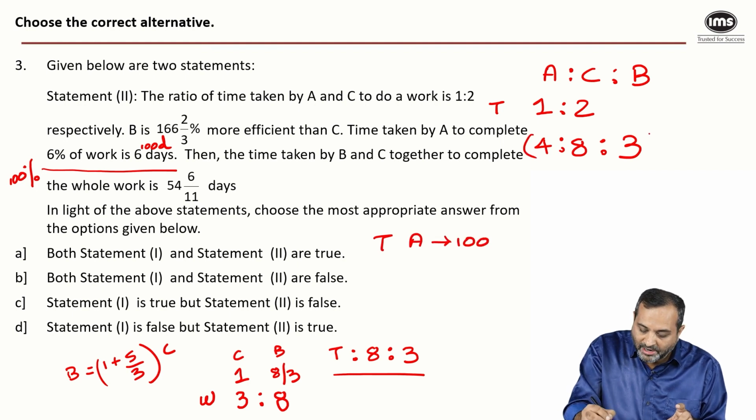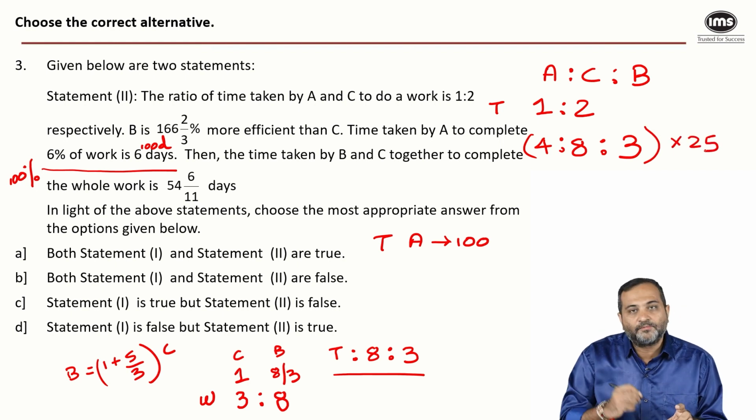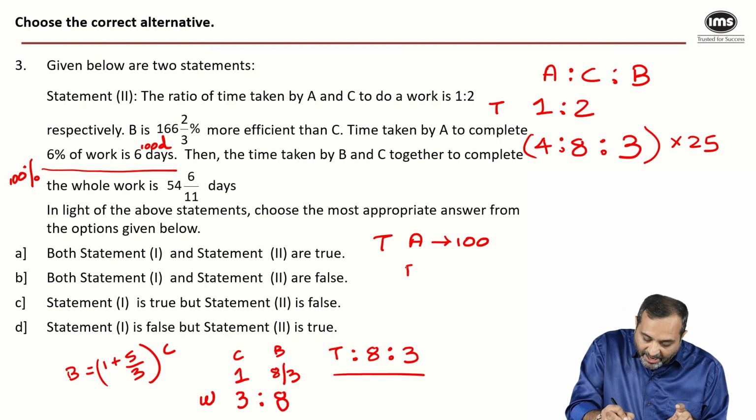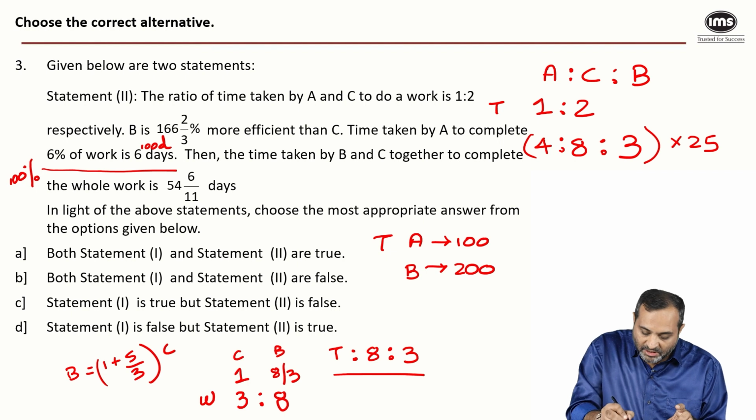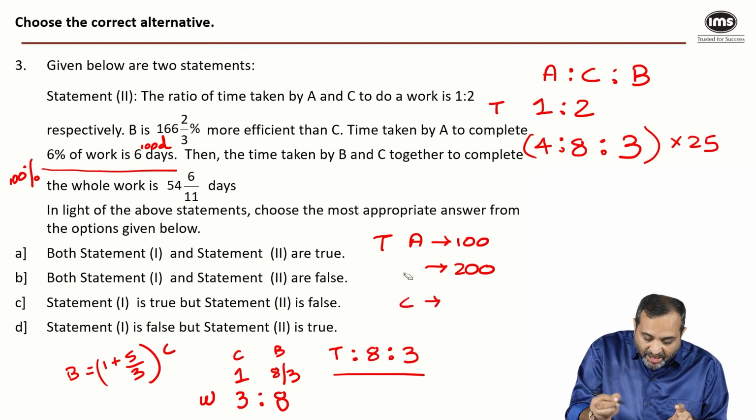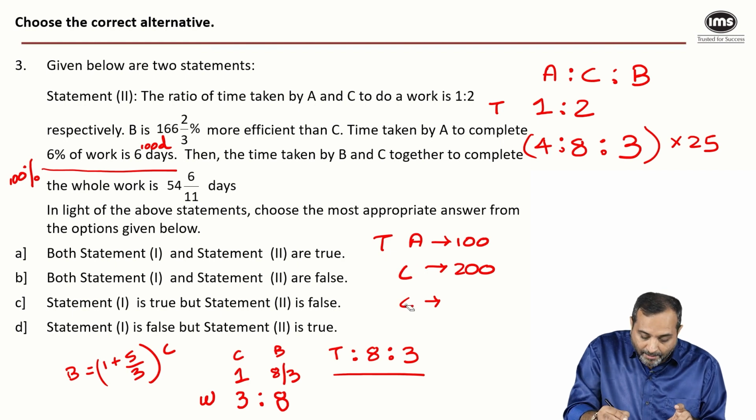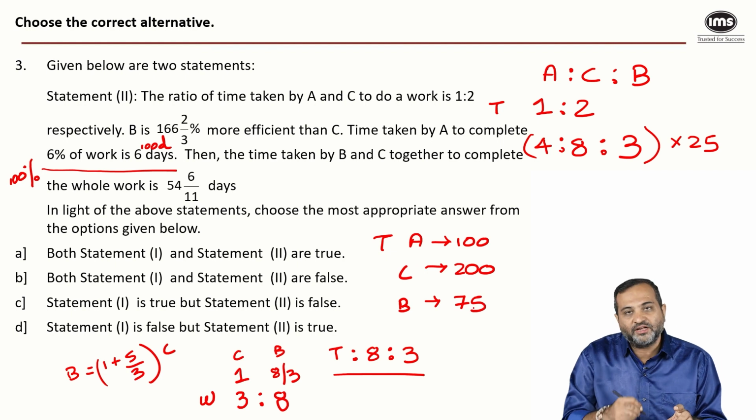So I need to multiply this whole factor by 25. So C will take 25 into 8, 200 days. And B will take 3 into 25, which is 75 days.